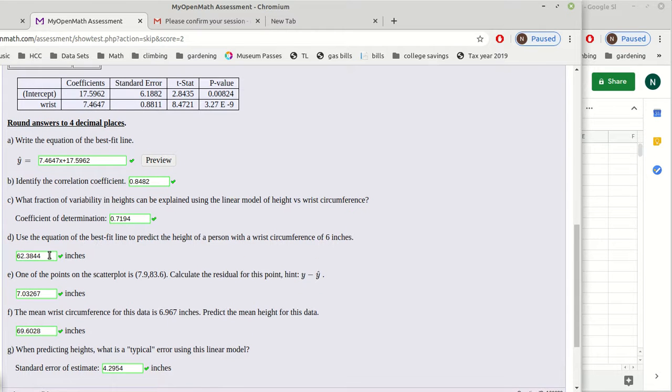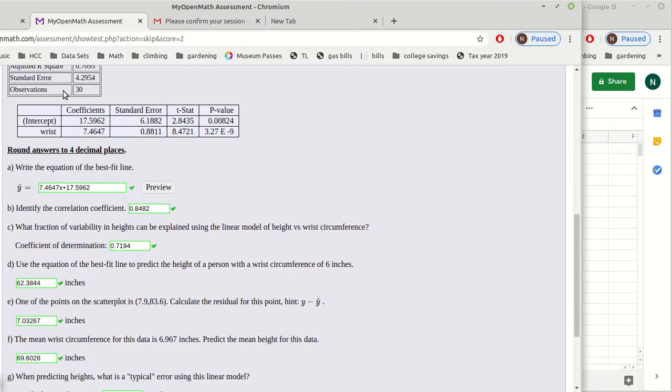I plugged in 6 for x and I got that number. Then I plugged in 7.9 and I got some number, but then I subtracted that number from 83.6. And then I plugged in 6.967 because that's our mean wrist from the data. And I got this for our height. And then finally the standard error, or typical error, is just that thing. So I just copied it from up here.